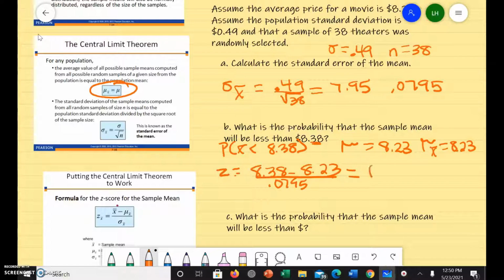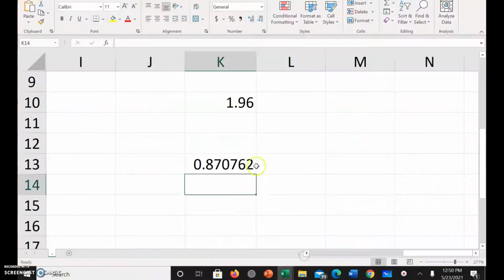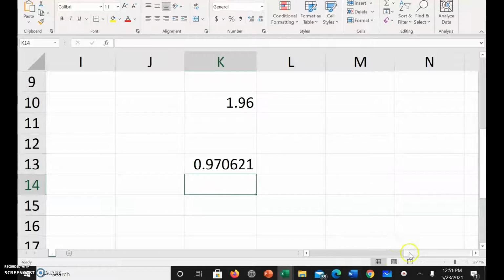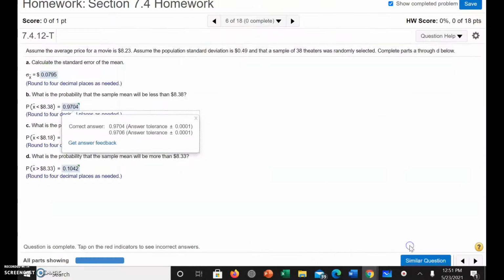That will actually be 1.89. Be careful, the first time I typed it in, I didn't type in 8.38 correctly in my calculator. So 1.89. So I'm going to go to my norm.dist. And I'm going to do 1.89 as my z-score, and I want it to be cumulative. And I'm going to get 0.9706, which is one of the acceptable answers.